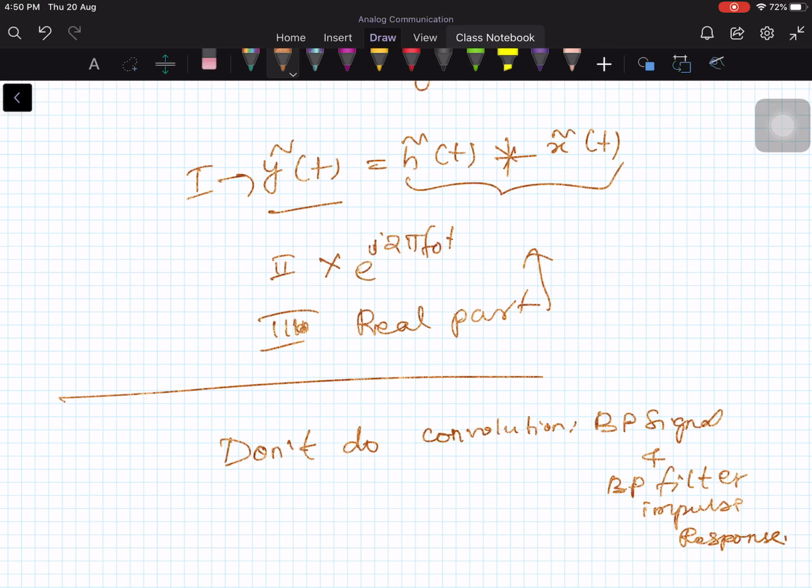Therefore, there is no need to do this kind of convolution. I could as well do the convolution directly by using the complex low pass representation.